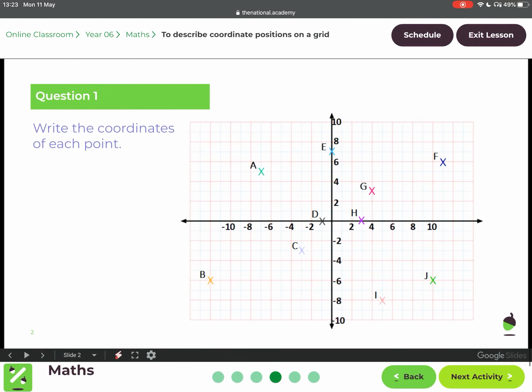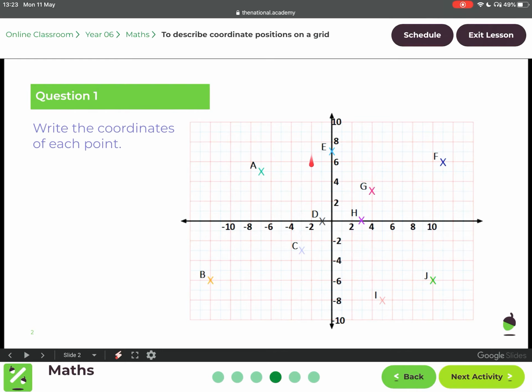So question 1, write the coordinates of each point. So A would be negative 7, 5. B would be minus 12, minus 6. C would be minus 3, minus 3. D would be minus 1, 0.